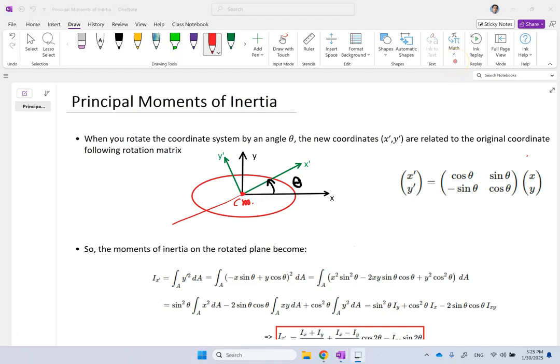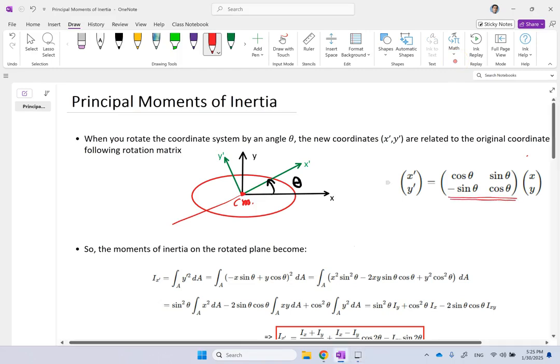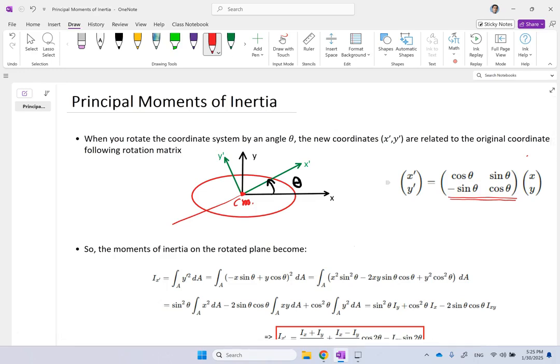Well, from simple geometry, you know that x prime and y prime are related to x and y by this rotation matrix. This is a rotation matrix about the z-axis, but transposed, and it takes your old frame to the new frame. You can see that easily through geometry.